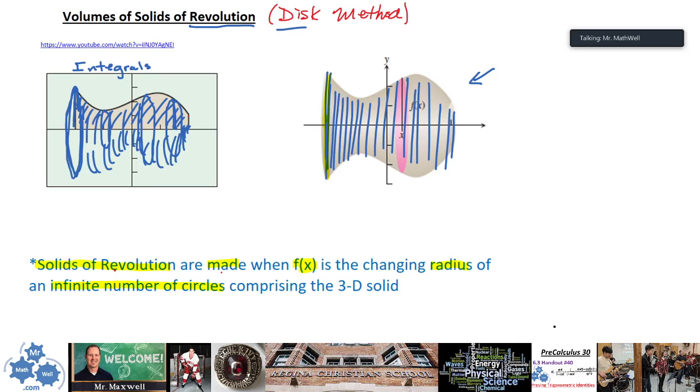But if the radius is the f of x, and we have a collection of these over an interval, then we can make a solid 3D figure. Okay? So solids of revolution are made when f of x is the changing radius. And if we were to compile an infinite number of these circles and stack them together, we get this three-dimensional solid.